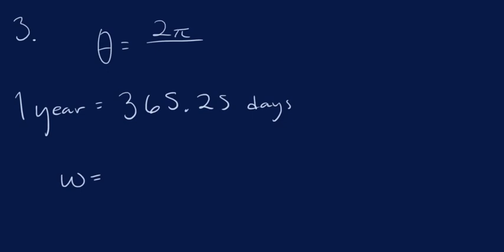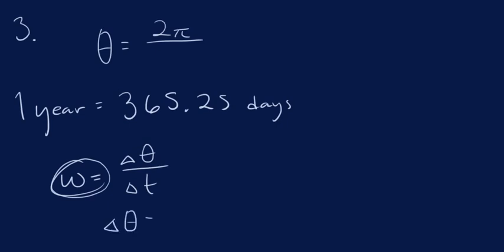So we know that the angular velocity, this thingy, equals delta theta over delta time. And for spinning on its axis, we know that delta theta is going to be 2 pi. Every time it spins, it's completed a full revolution. Delta time is 24 hours, but we're going to change that to seconds because I like that better.